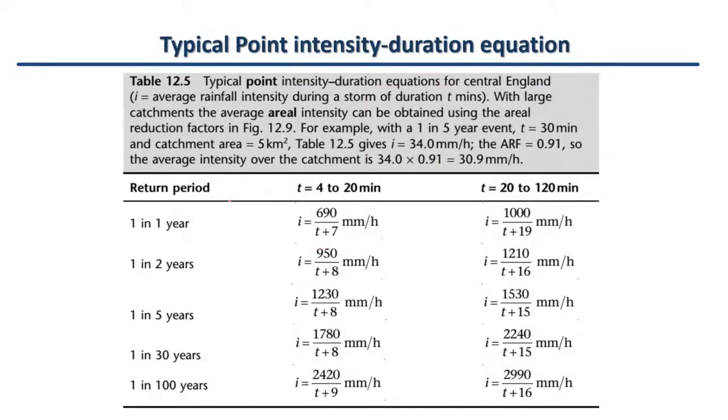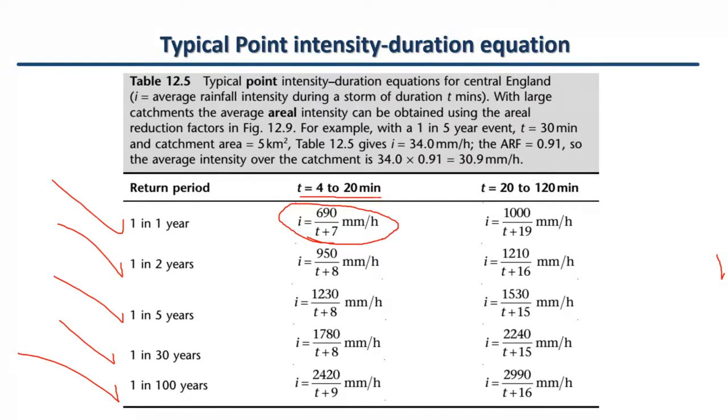Inches per hour is English units, but you can just use millimeter per hour as well. In the reference book, rather than that curve, we have this kind of table. This table 12.5 is exactly the same as that figure, but in the tabular format. For any return period, 1 in 1 year, 1 in 2 years, 5 years, 30 years, and 100 years, rather than the curve, we have a relationship, and interestingly, the relationship is changed for the two types of duration.